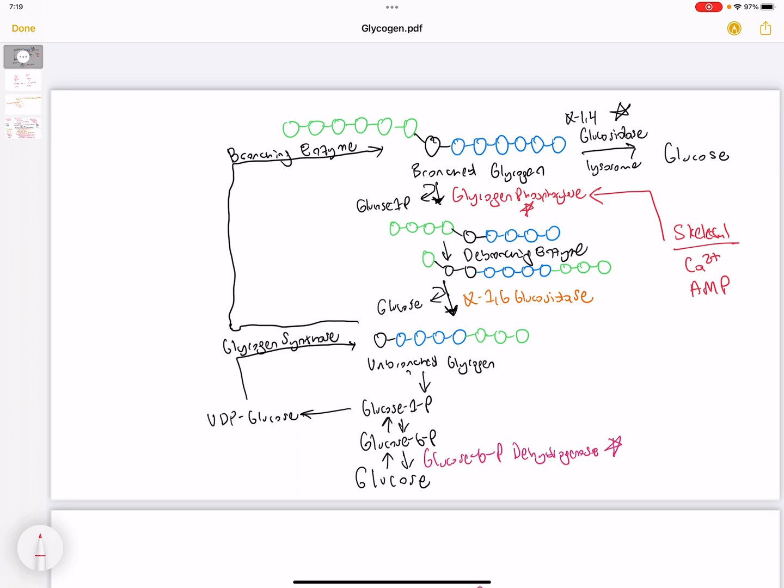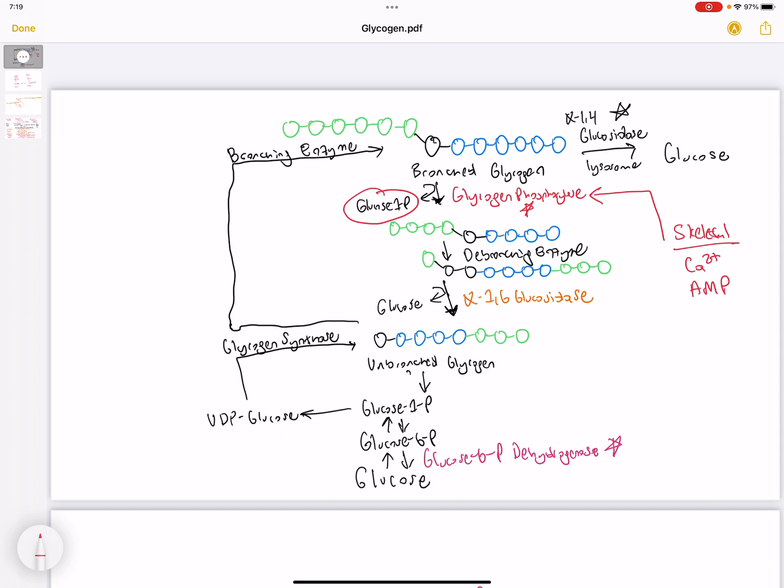And so if the skeletal muscle is contracting, that means we're using our skeletal muscles, and that tells our body that we need energy. So we can get that energy through glycogenolysis, and so it makes sense that our body is going to upregulate glycogen phosphorylase to give us this glucose 1-phosphate. Then we can use that glucose 1-phosphate for glucose production.